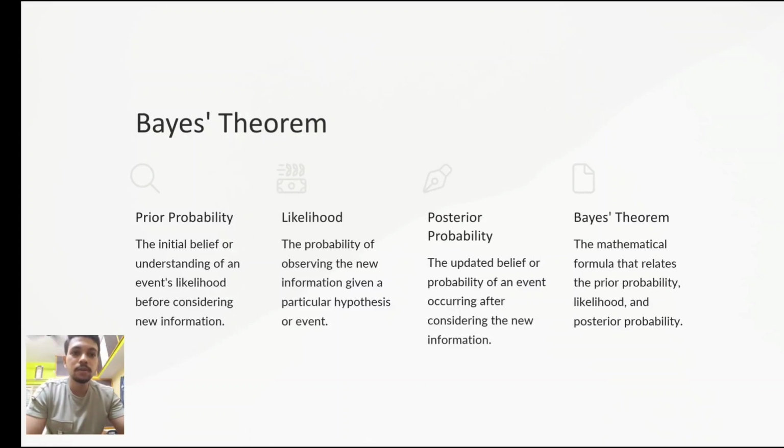And next one is likelihood, the possibility of observing the new information given a particular hypothesis or event. The next one is posterior probability, the updated belief or probability of an event occurring after considering the new information. Bayes theorem, the mathematical formula that relates the prior probability, likelihood, and posterior probability.